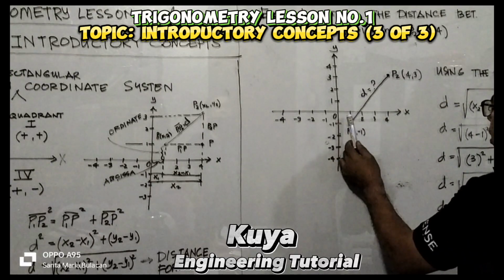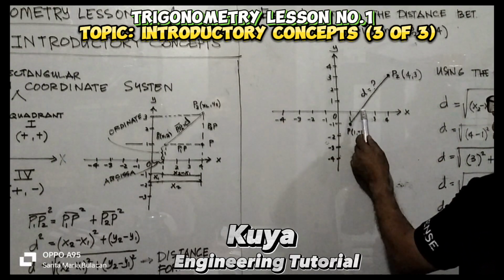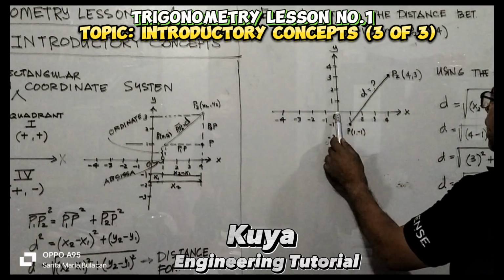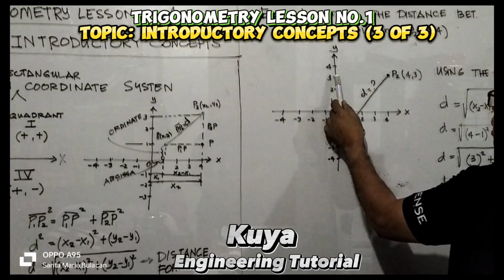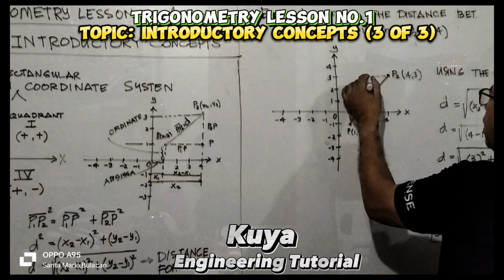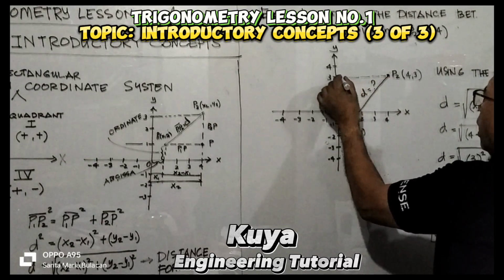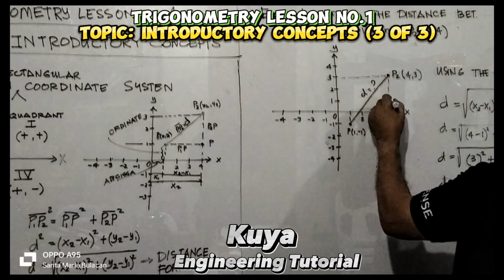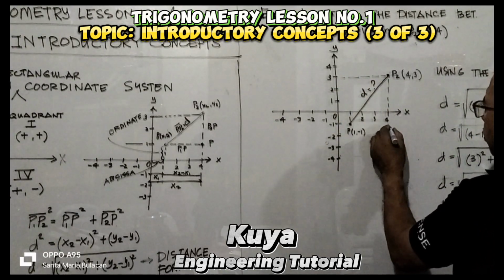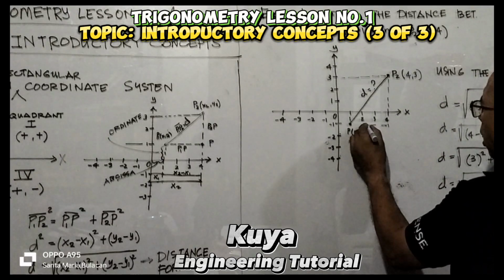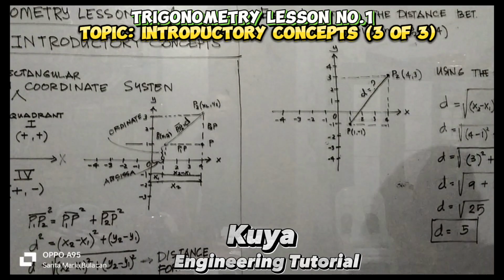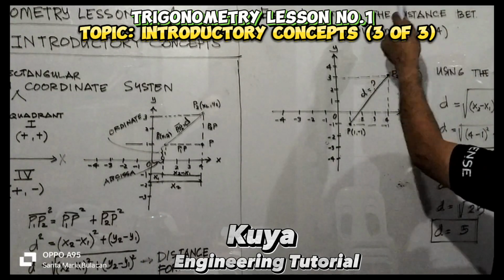So plotting it, so count muna tayo ng 4, 1, 2, 3, 4. Then count naman tayo pataas ng 3, 1, 2, 3. Therefore, extend natin. So this is now our point. Okay. So, if you will notice here, so sabi, we have to find the distance.